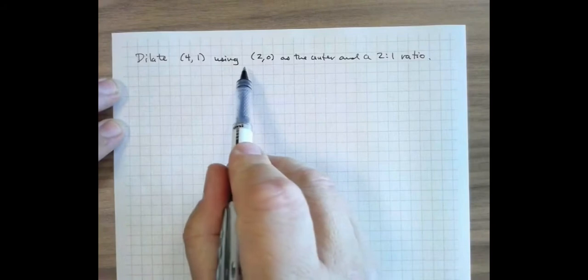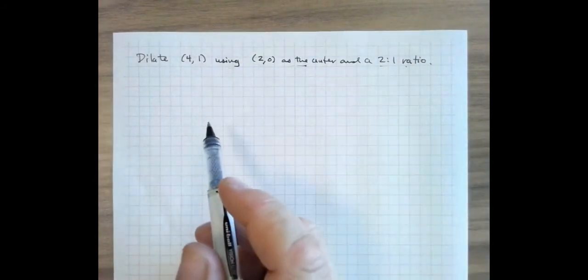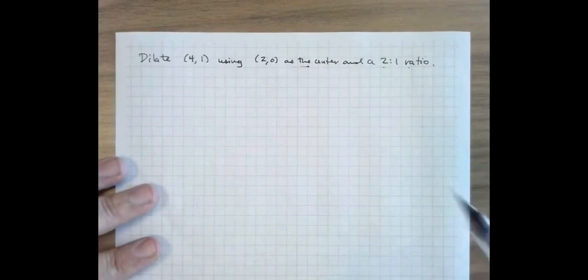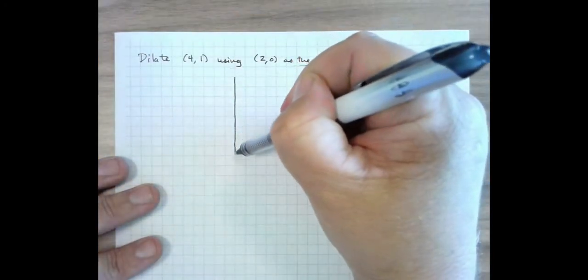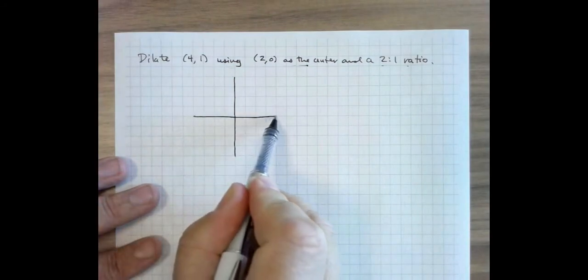So here's the center. We're going to have 2-to-1 ratio, and what we're going to do here is very similar to what we did when we were doing rotations in a coordinate context. We're going to plot the points, and then we're going to circle the central point. Start with that. So there's my coordinate grid.